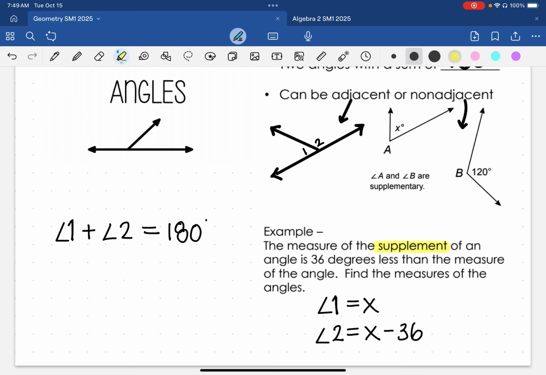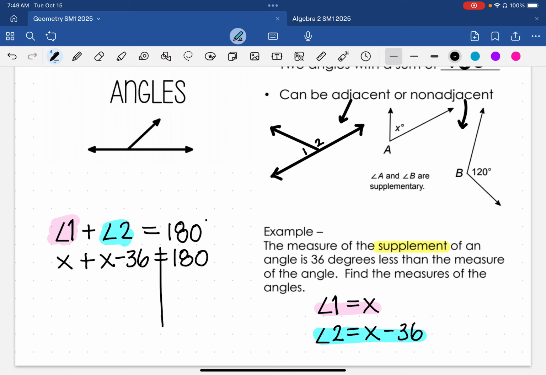If you want to use your highlighters, you can. You're going to substitute in x for angle 1 and you're going to substitute in x minus 36 for angle 2. So let's go ahead and do that. Once again, the highlighting is not necessary, it's just helpful. All right, there we go.